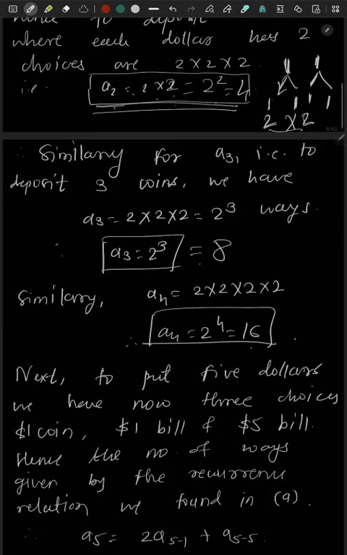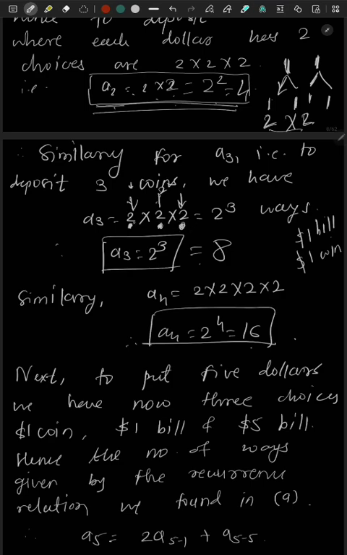Now similarly for A3, that is to deposit $3, how many choices do we have? For the first dollar we have two choices, either a $1 bill or a $1 coin. Similarly for each and every dollar, this is our first dollar, this is the second dollar, this is the third dollar, we have two choices, either bill or coin.